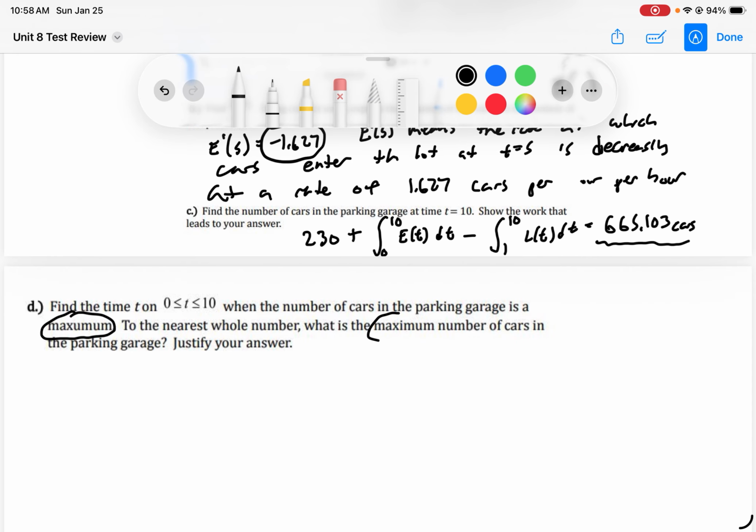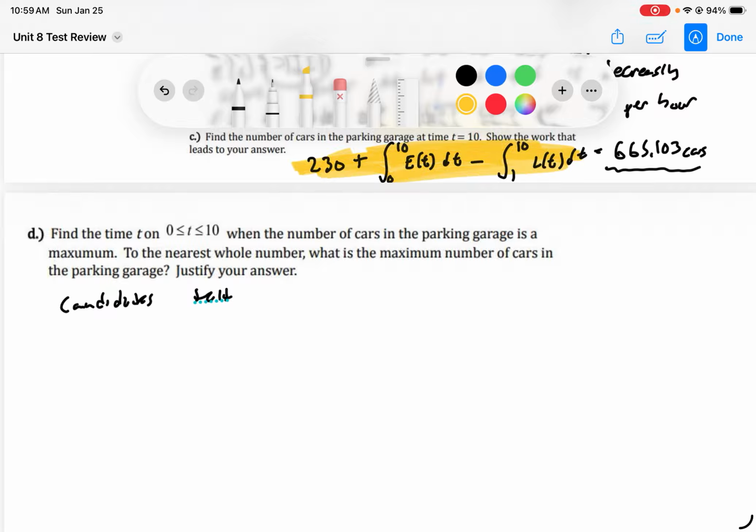Okay, so this is a candidates test question. So I have my function that represents the amount of cars. I'll call it A of x. That's 230 plus the integral from 0 to x of E of t dt minus the integral from 1 to x of L of t dt.